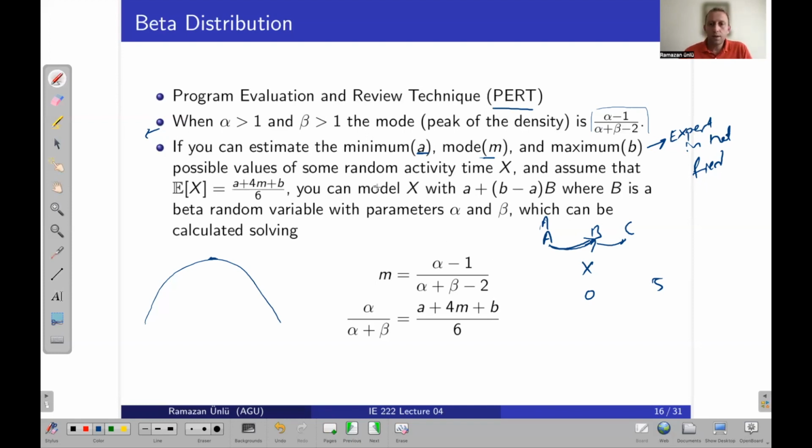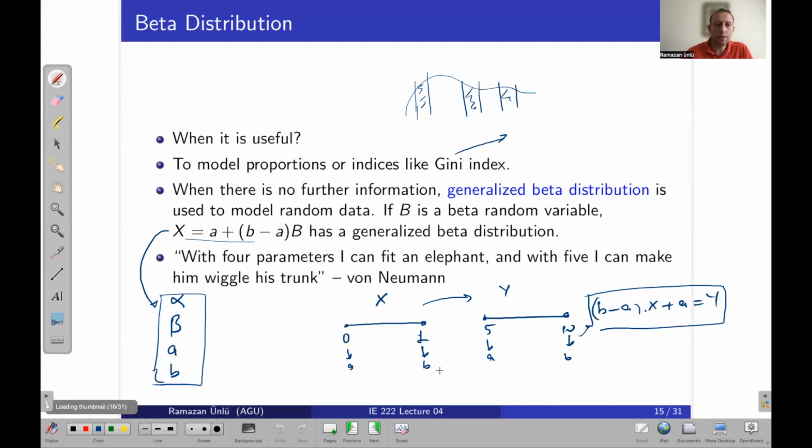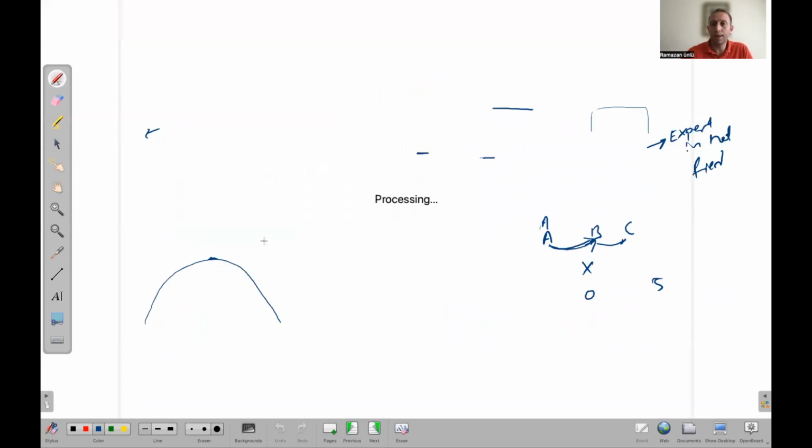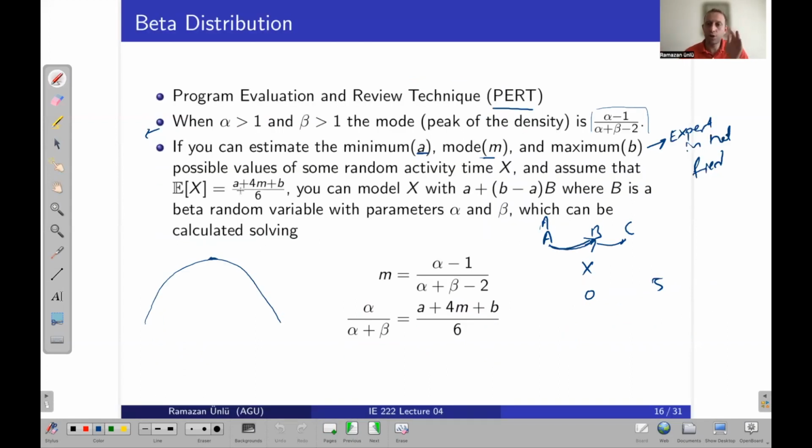Then we assume that the expected value of X is equal to (A plus 4 times M plus B) divided by 6. We can model X, that new special case, with A plus (B minus A) times B, as we have seen here. We can generalize the standard beta distribution, where B is a beta random variable with parameters alpha and beta.